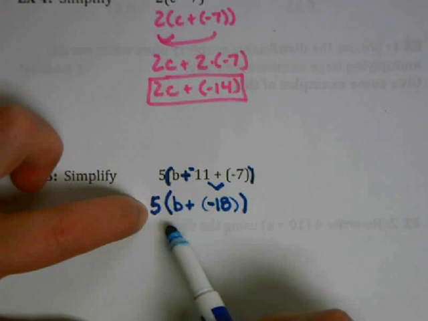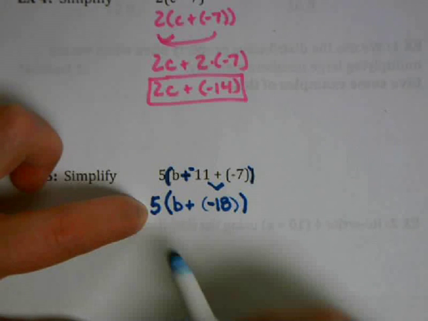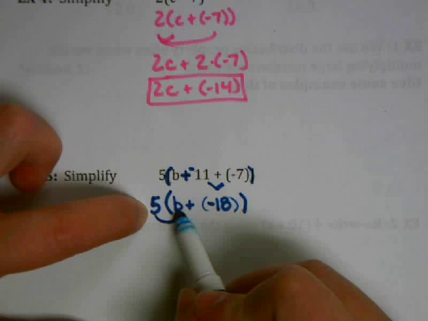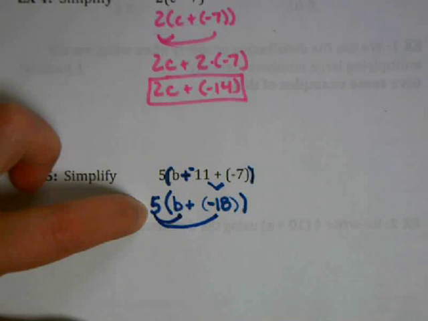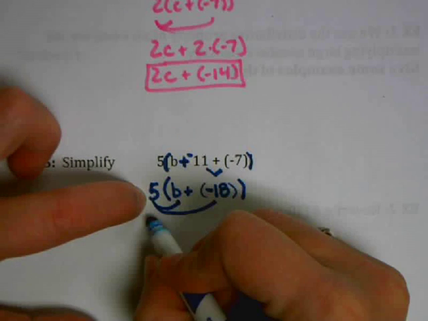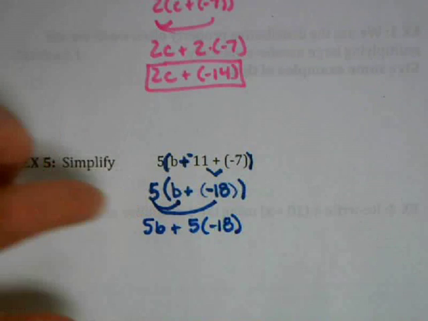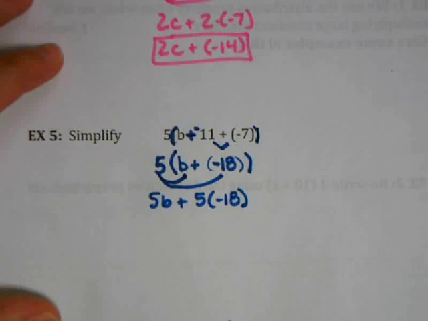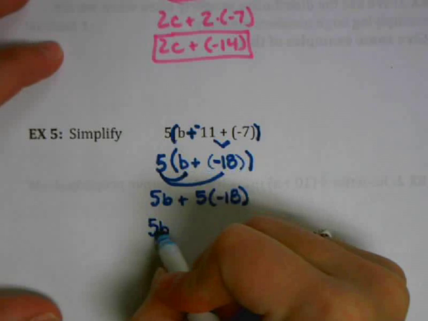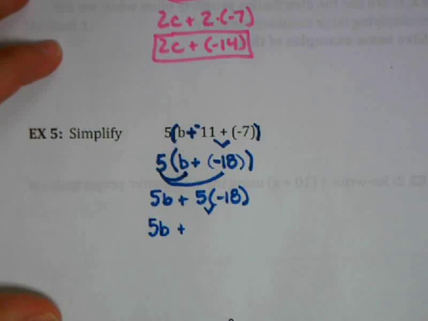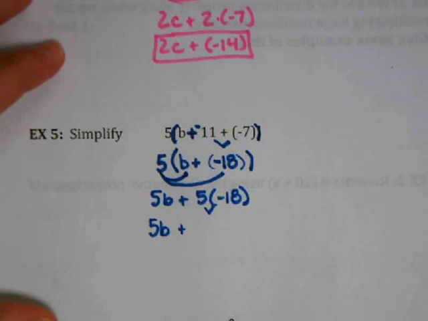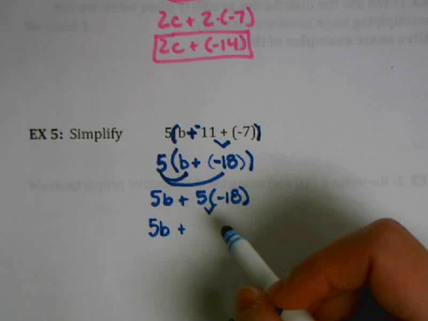This is a case where, boom, we're going to have to use the distributive property. We're going to do 5 times b plus 5 times negative 18. Let's write that out. 5b plus 5 times negative 18. And let's see what that simplifies to. 5b just stays 5b. Can I multiply this? 5 times negative 18. I've got to use the distributive property in my head a little bit here.